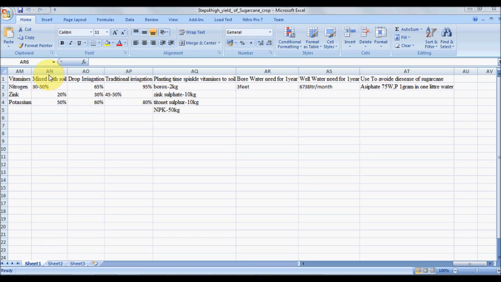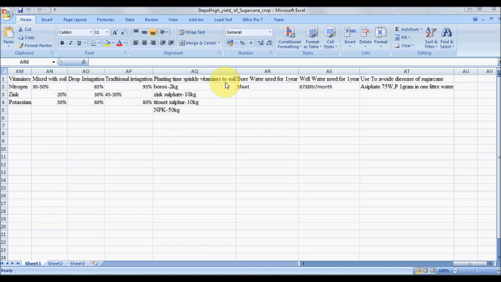The whole data set has been acquired from the agricultural department and is a standard data set. Drip irrigation is required by this. Traditional drip irrigation is required of this much percent. Traditional irrigation is required by this percent, and this whole data set is of 1 acre of land.